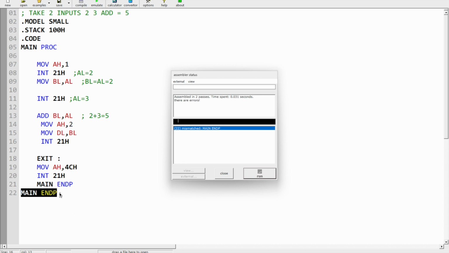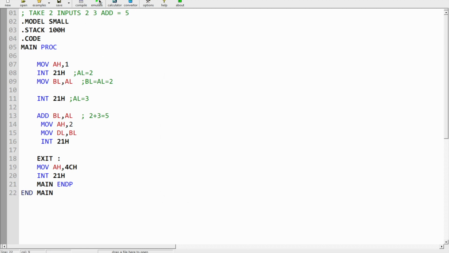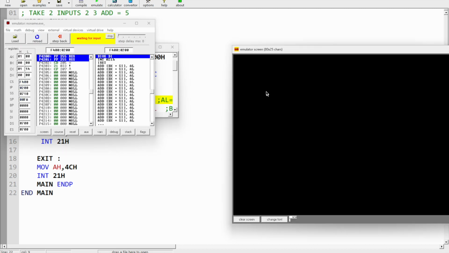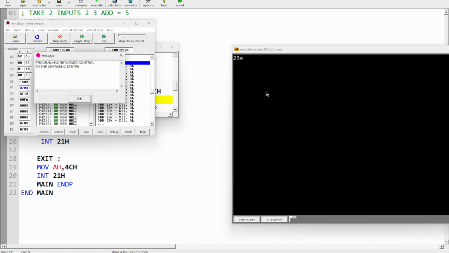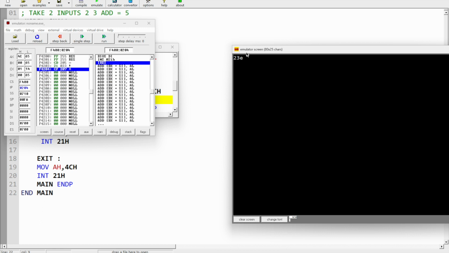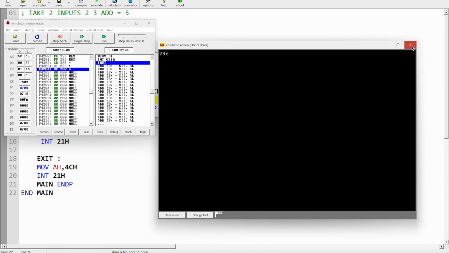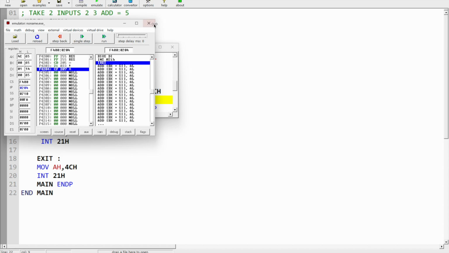We run it with 2 and 3, but it doesn't. As I said, this assembly thing is really painful. We know that 2 plus 3 equals 5, but the computer thinks 2 plus 3 equals E.